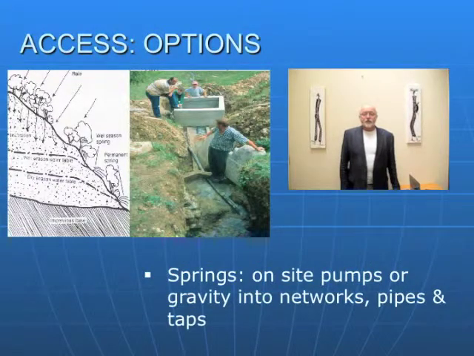Water access options also include spring capture. Here we see a diagram of groundwater, which changes its character physically just by the nature of the geology around it. As you see in the diagram, certain formations come to the surface, and when the water reaches the end of that formation, it reaches the surface itself, often in the form of a spring.